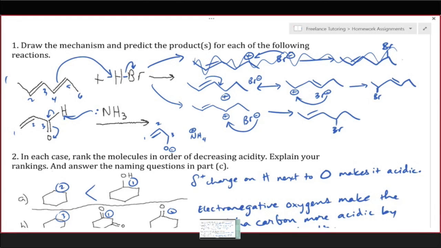Base. Okay. And what role is the other molecule playing? Acid. Okay. Would you call the NH3 a strong base or a weak base? Weak base. And how about the acid? Is that a strong acid or a weak acid? That would be weak also.